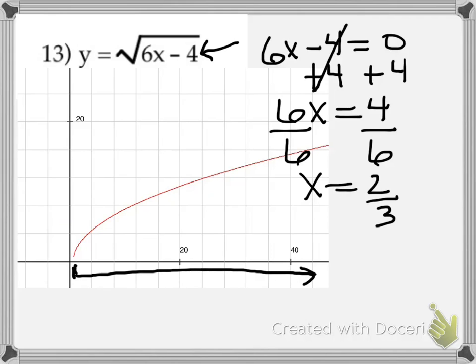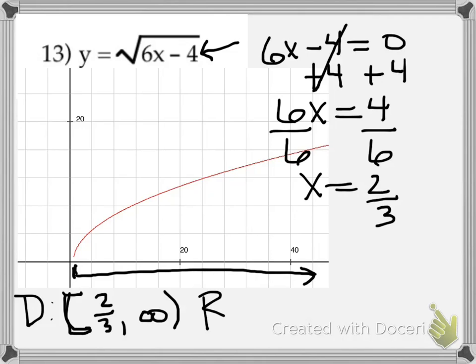Yes? So my domain D goes from, and this is a bracket, okay, because we're including the point 2/3, all the way to what? Well, notice it keeps going. So all the way to infinity. And again, a parenthesis, because infinity is a destination and not a point.